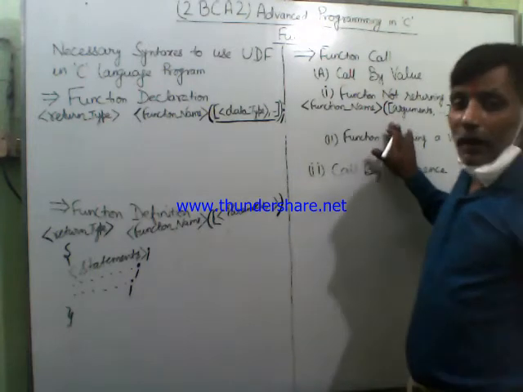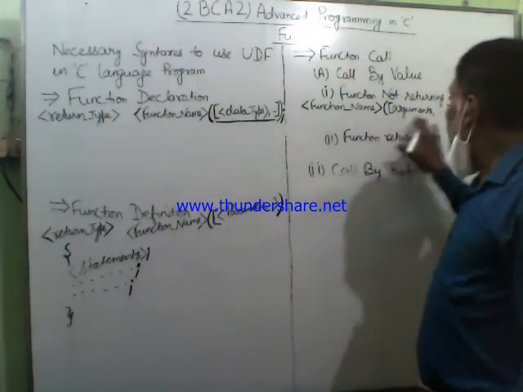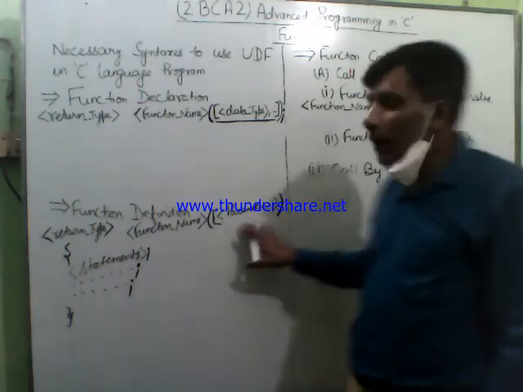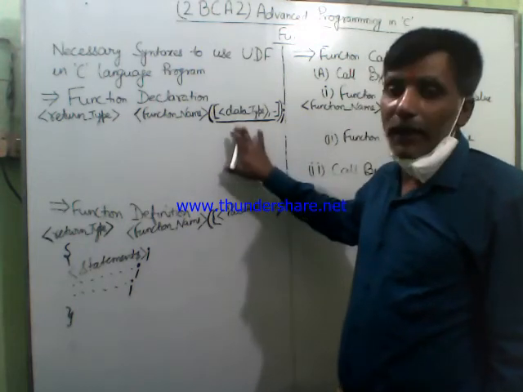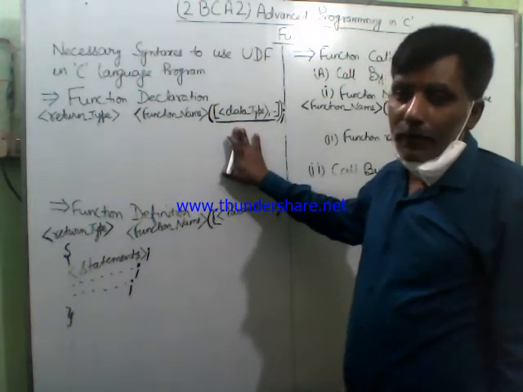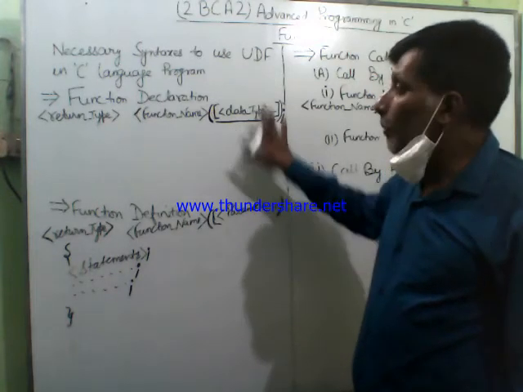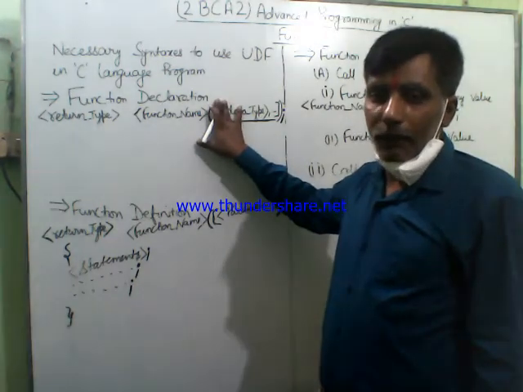Another thing that you have to check is that the number of arguments should match with the number of parameters and with the number of data types. The data types are written while performing the function declaration for the user-defined function.